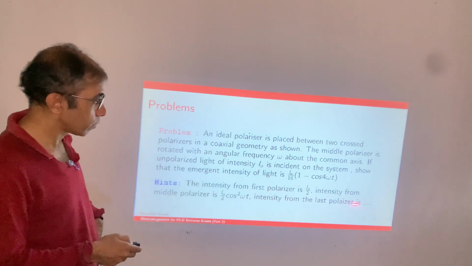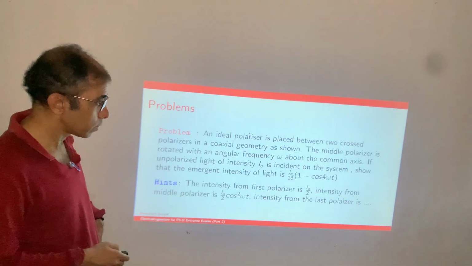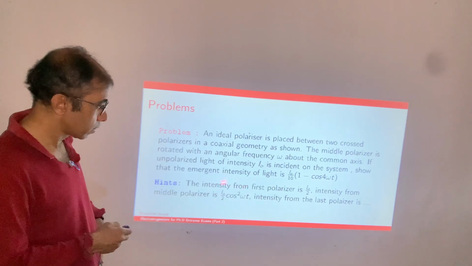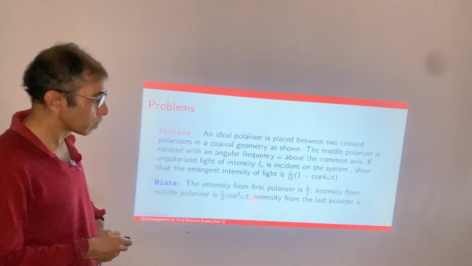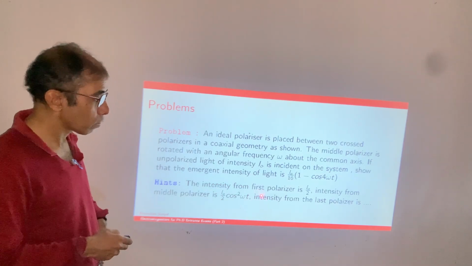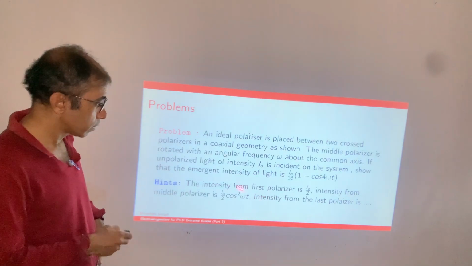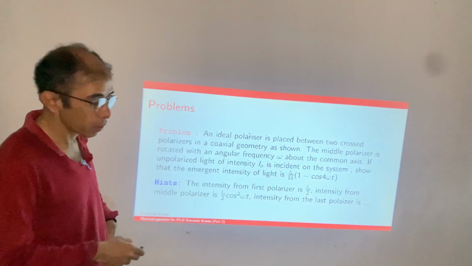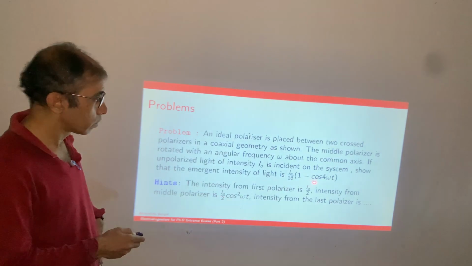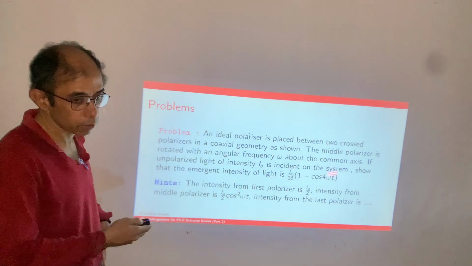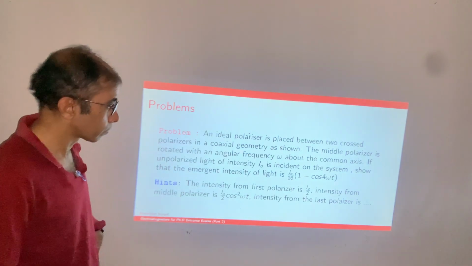So the intensity that comes out from the last polarizer will be this times cos square (pi by 2 minus omega t), which is this times sin square omega t, and from here you have to go on, and that is for you to complete.